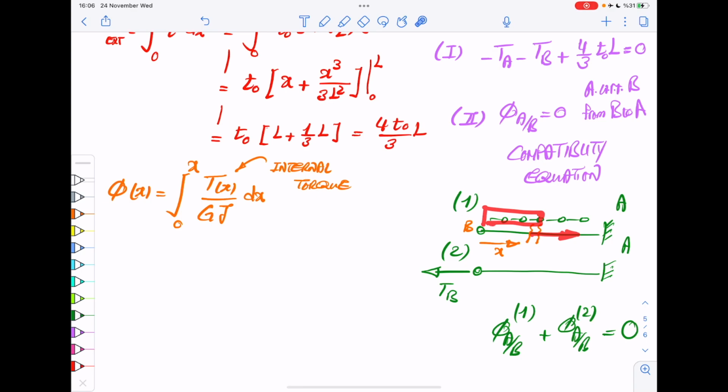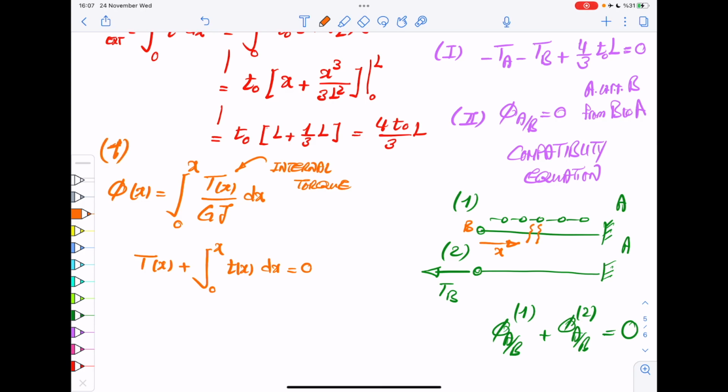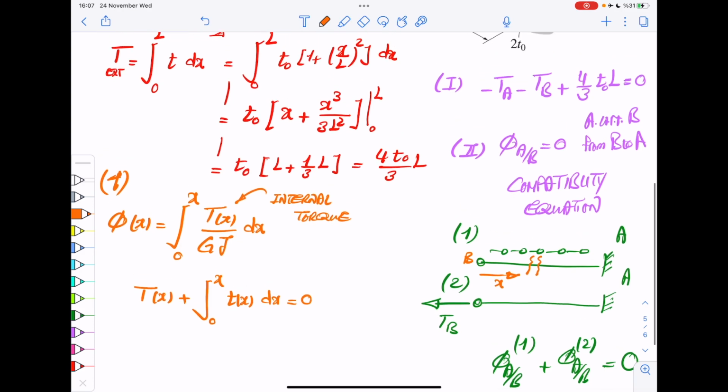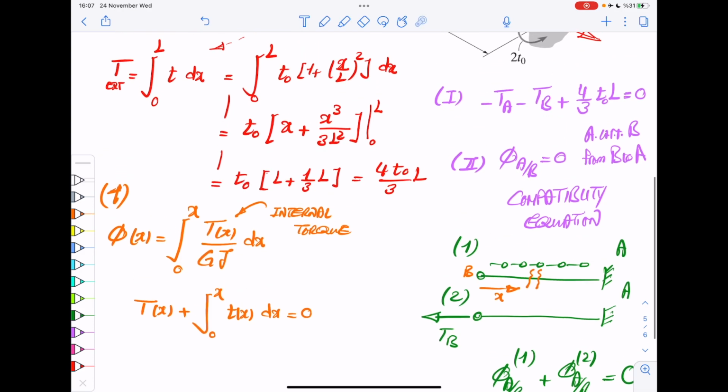We write the equilibrium to get that. So T(x), the internal torque, plus the integral from 0 to x of that little t(x) dx is 0. We are, by the way, in system 1, so this is assuming that there is no TB.